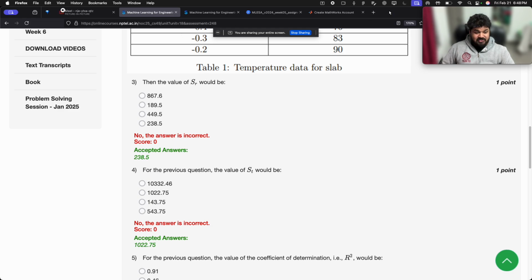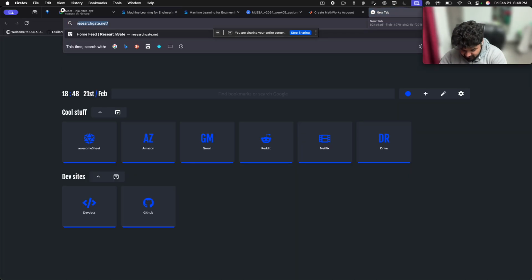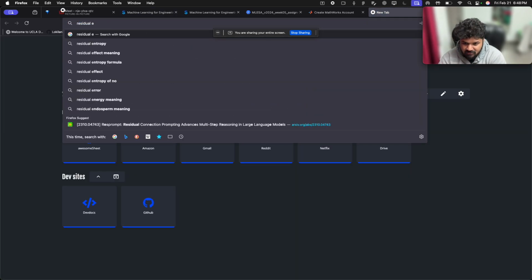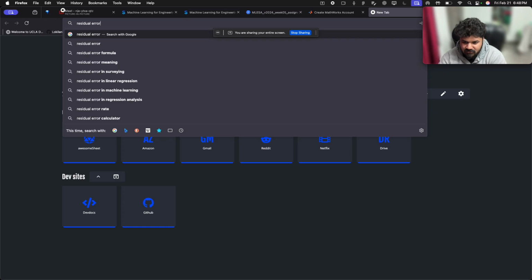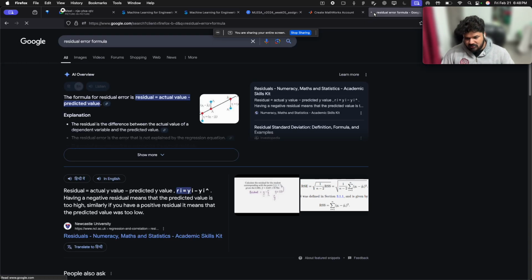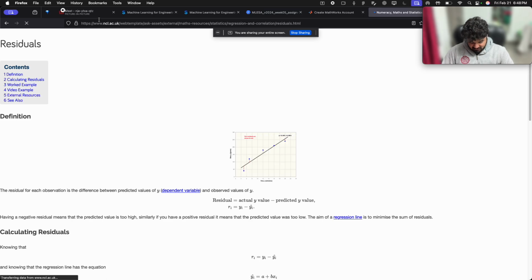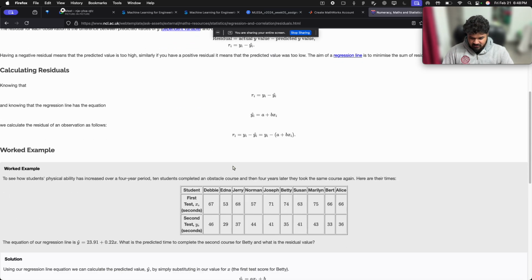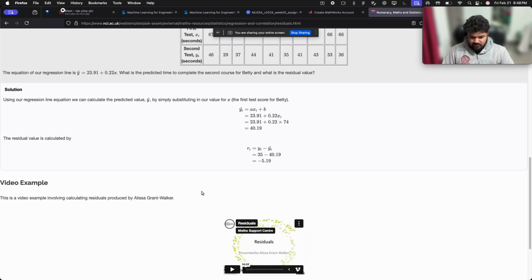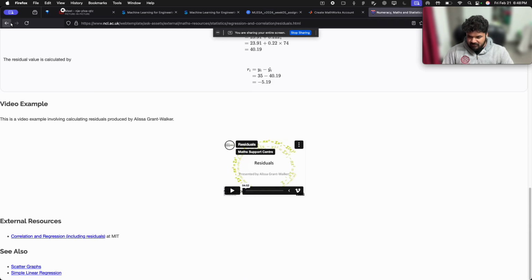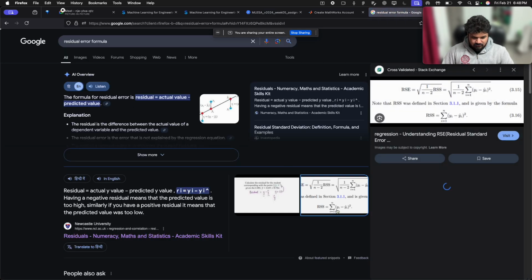Let me just see the formula. What are the four types of residuals? Let me just check. I'm just seeing what the formulas are.